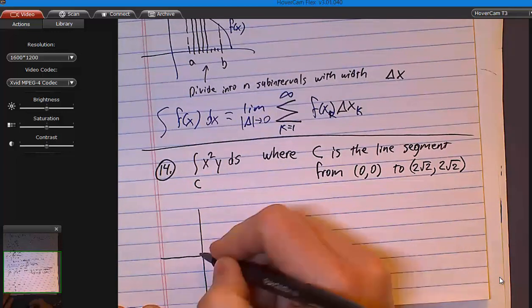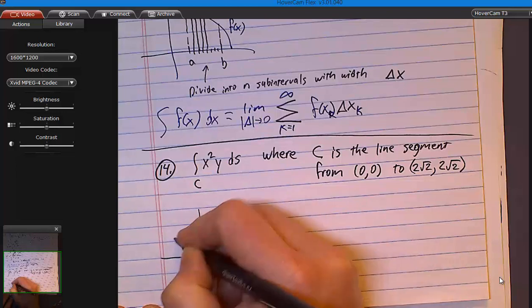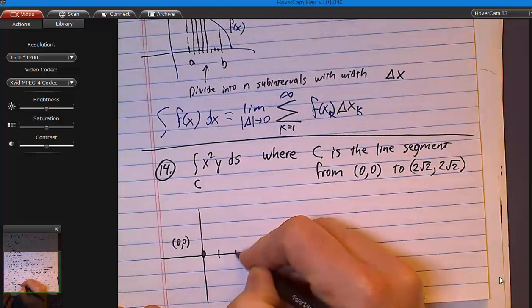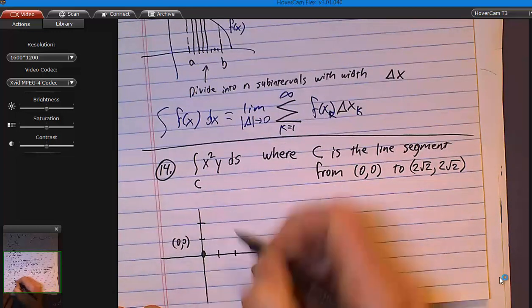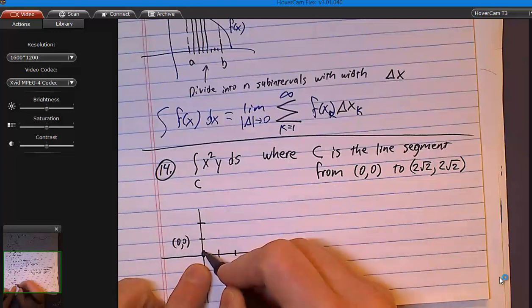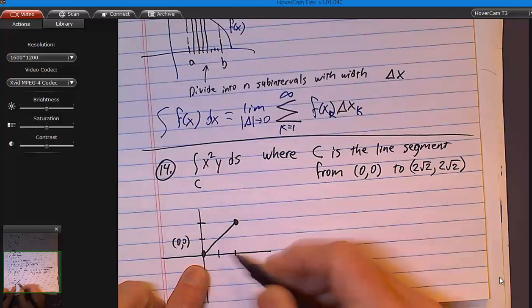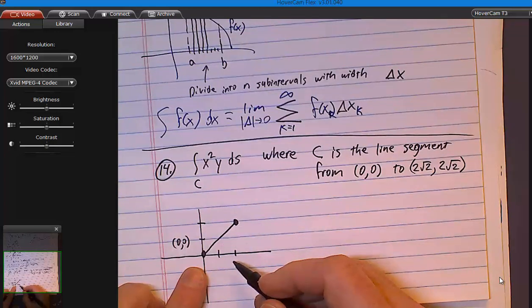So let's draw a picture. Here's 0, 0. And of course, 2 square root of 2, that would be the diagonal of a square of sides 2 by 2.